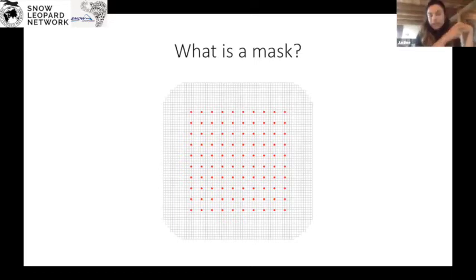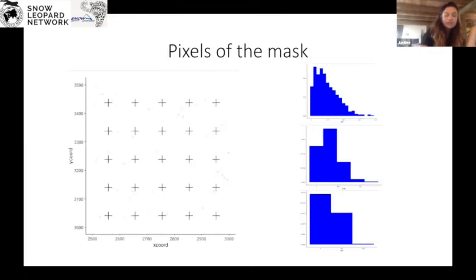Another thing to think about is the larger the mask, the longer it's going to take to analyze your data. So if you remember, what is a mask made out of? We shared this in some of the first presentations on SCR, and it's made out of pixels. So we can say that the mask is made out of pixels, and you can see each X is almost like the center of that pixel.